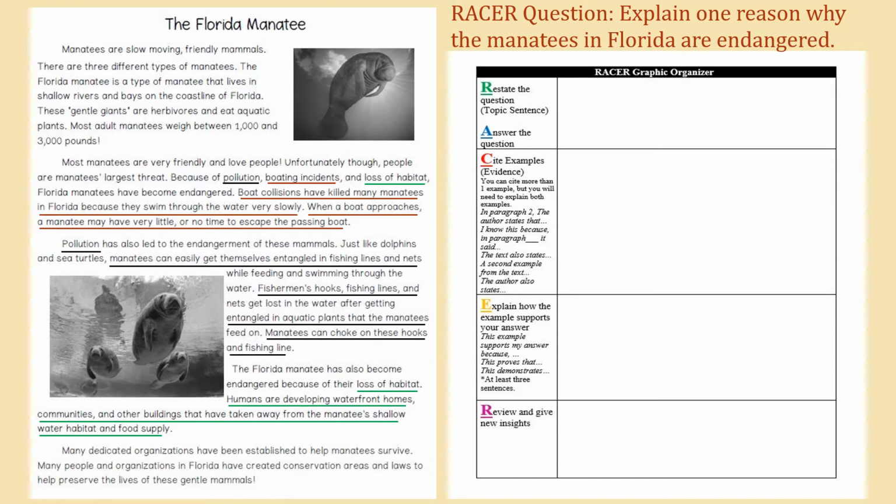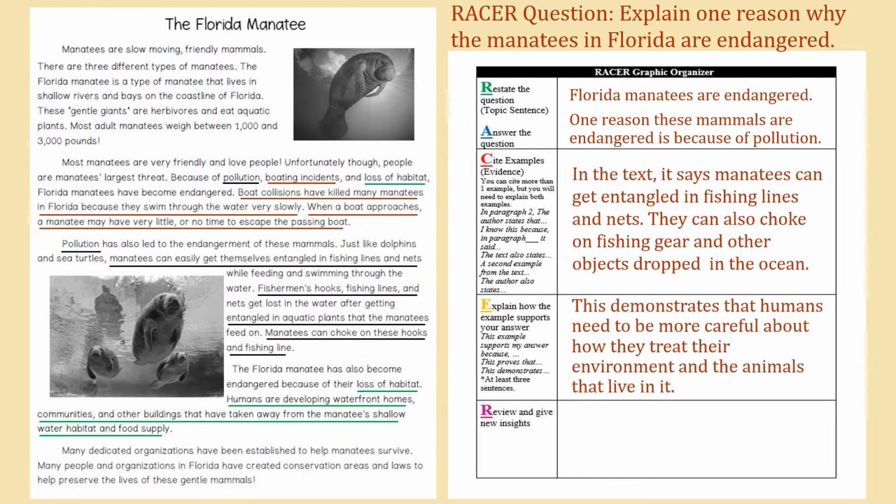So for boating incidents, they've killed manatees because the manatees are slow and they don't have time to move out of the way when a boat approaches. Pollution, the manatees get themselves entangled in fishing lines and nets and stuff like that. And then the third one was the loss of habitat, where humans are building waterfront homes. So that is the passage in and of itself.